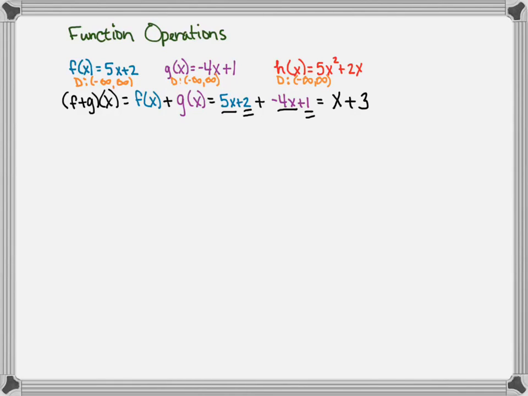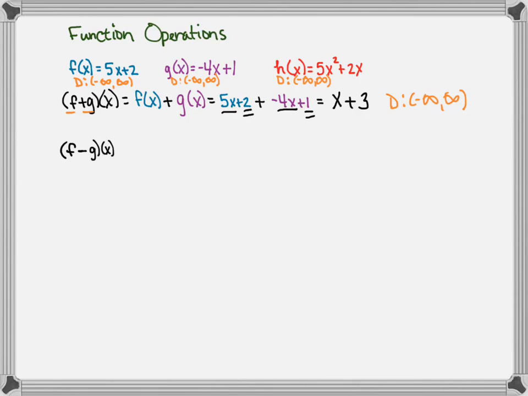So f plus g of x equals x plus 3. Its domain is going to contain the elements that are in both the domains of f of x and g of x. And since both f of x and g of x have the domain all real numbers, the domain of their sum is also all real numbers.